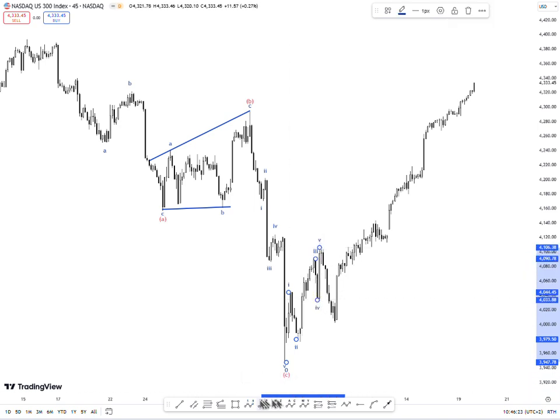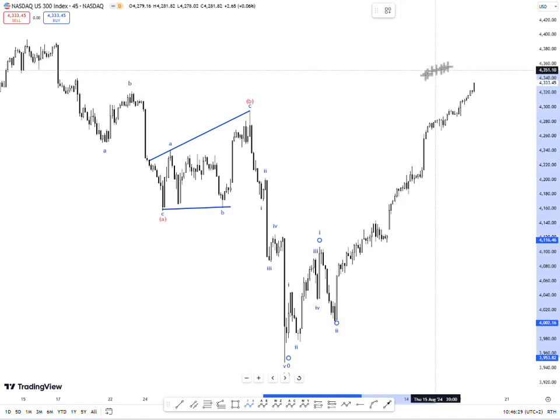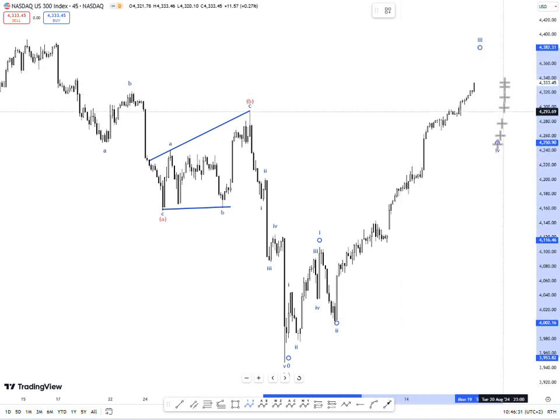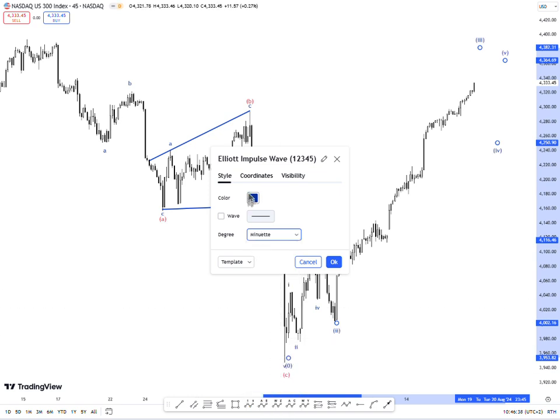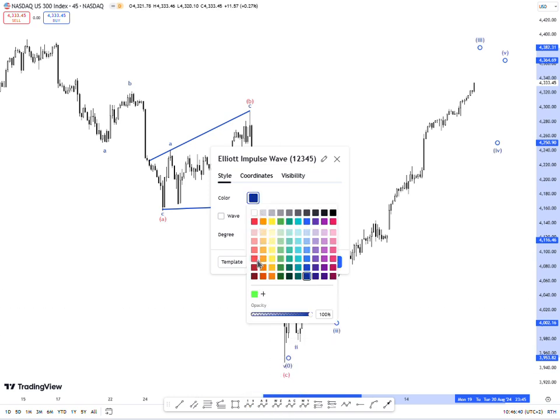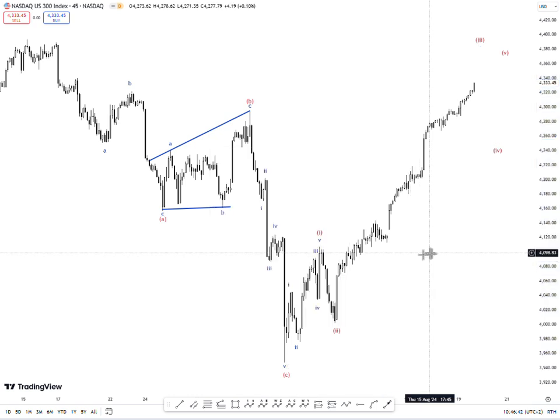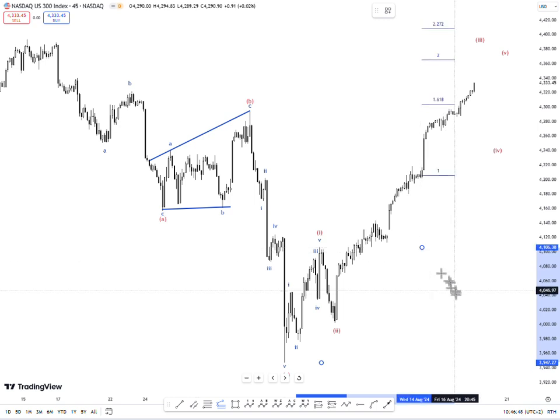Then we have 1 here, 2, and then we are looking for 3, 4, and 5. And in this situation, we want to wait for price to at least test one of our fib extension levels to see where price is targeted.